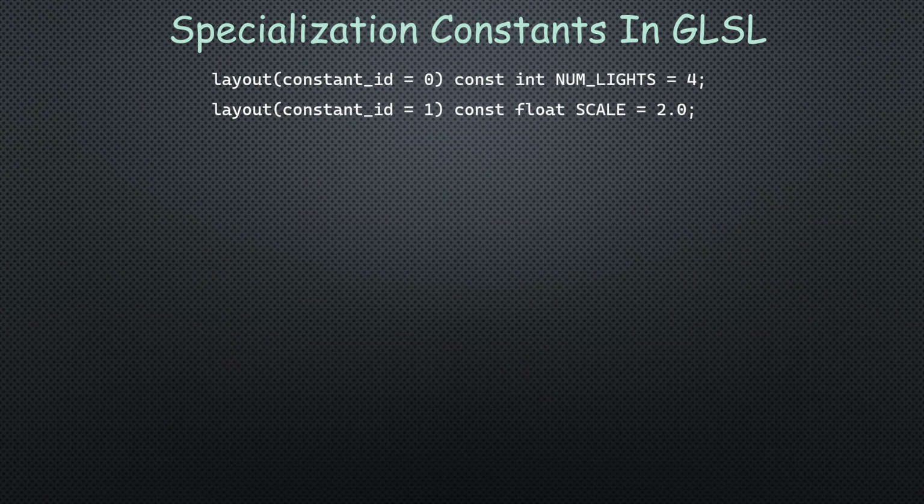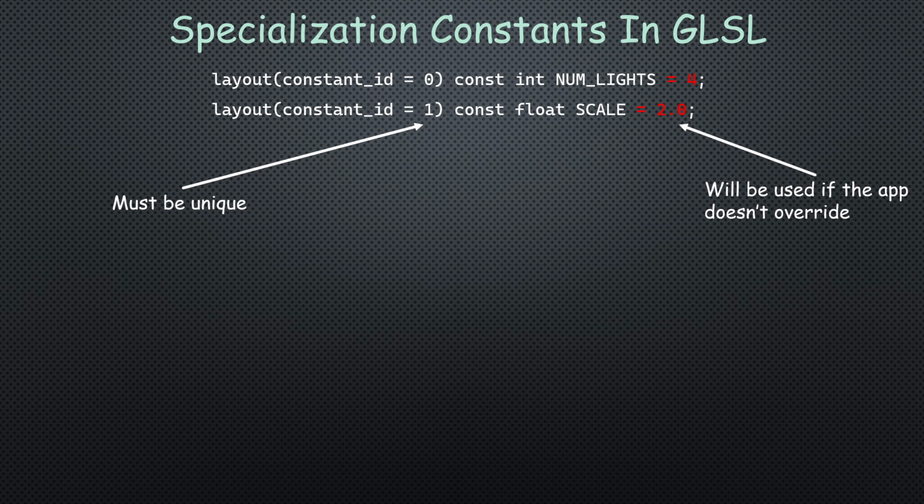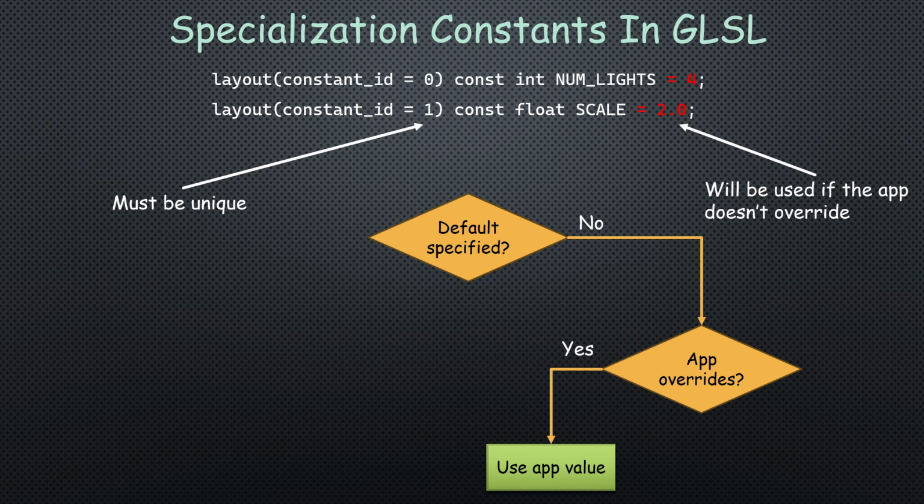In GLSL, we declare a specialization constant using the constant_id layout qualifier. It looks like this. A few points we need to notice. The constant ID value must be a unique integer for each constant. The default value will be used if the application doesn't override it. What happens if you don't specify a default value?